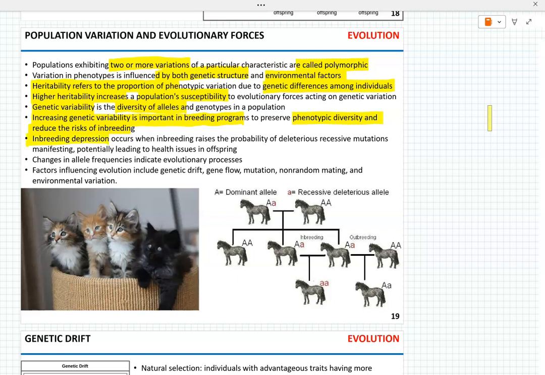So if you look at the illustration on the right, the inbreeding between two individuals that have the same genotype results in the higher probability of deleterious recessive mutations, like this one, the homozygous recessive, which may lead to health issues in the offspring, suboptimal physical, mental characteristics, and whatnot. So if you think about this, smaller populations are more likely to experience inbreeding.